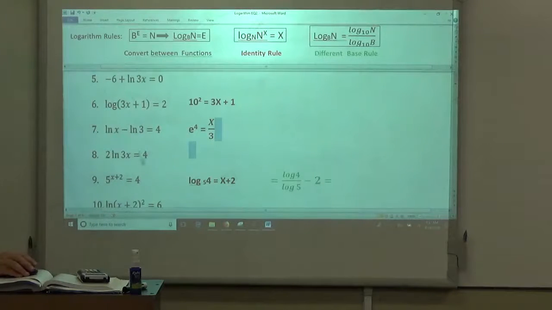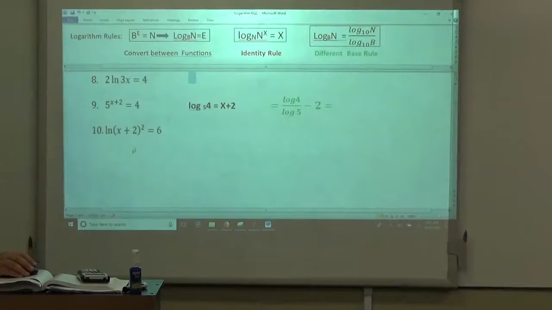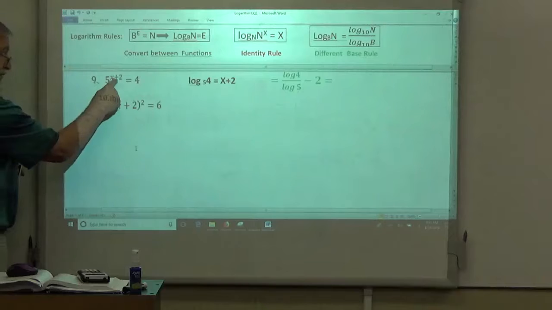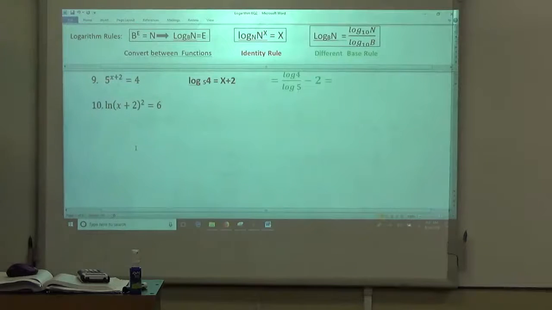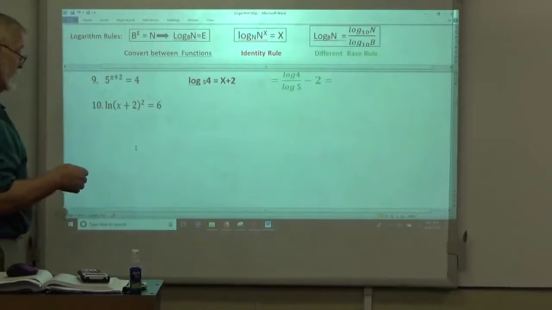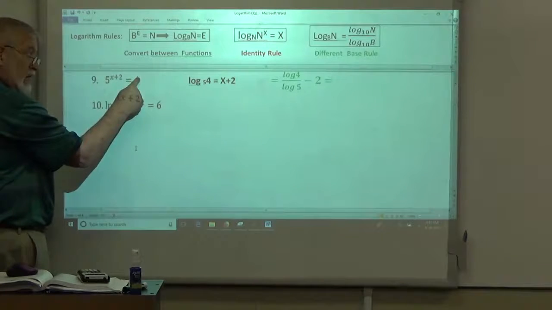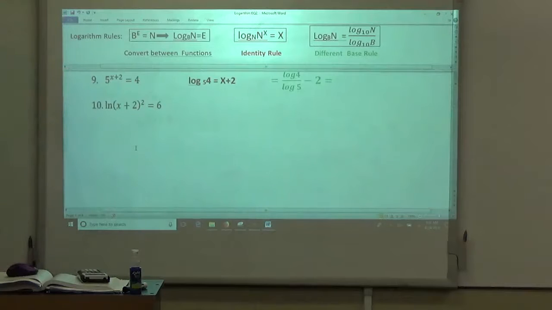Now, all right, let's look at this one. What does this say? 5 to the x plus 2 equals 4. All right, if I've got to do that, I have to take the base of, hello? If I say 5 to the 4th power equals the exponent, right?